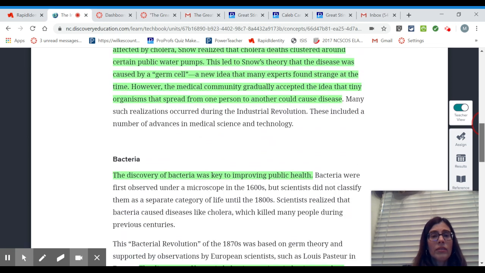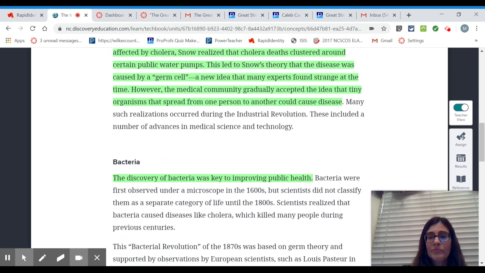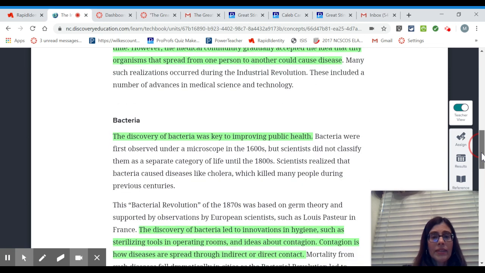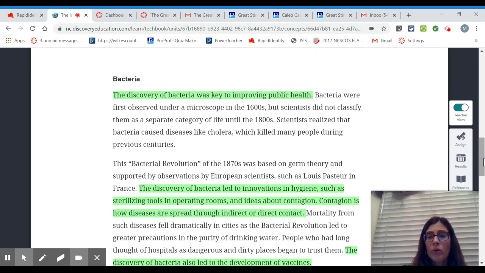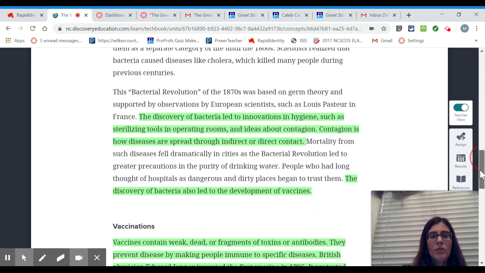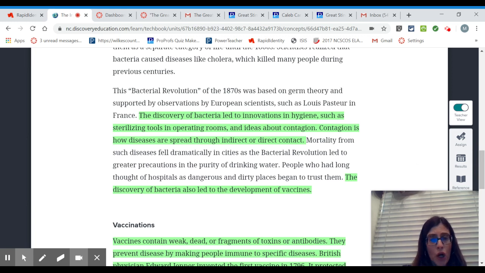Okay, now this germ cell idea, this bacteria idea, was also key to improving public health. Okay, so with the discovery of bacteria, this germ idea, we had many innovations in hygiene.